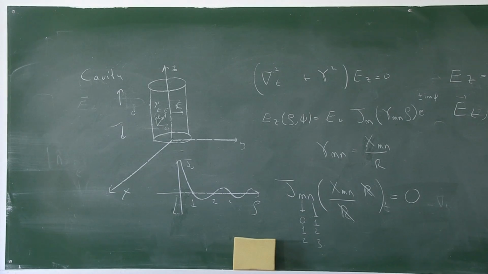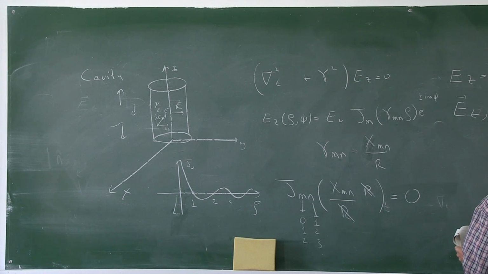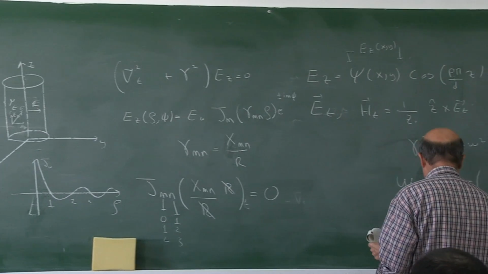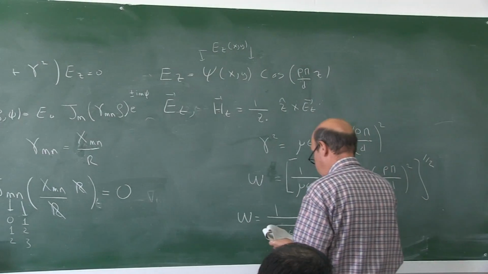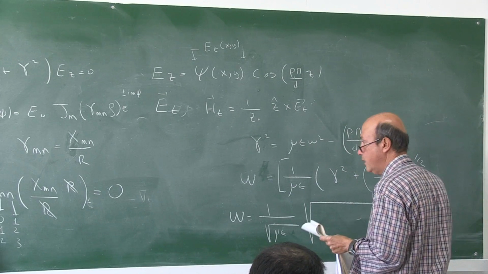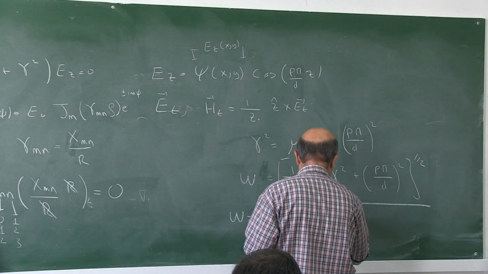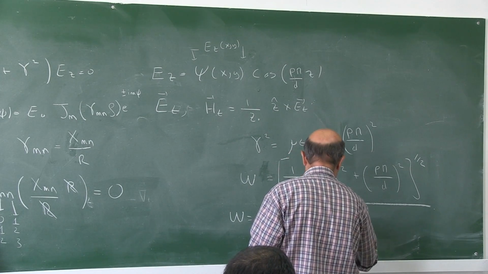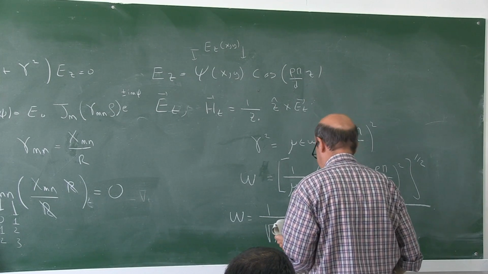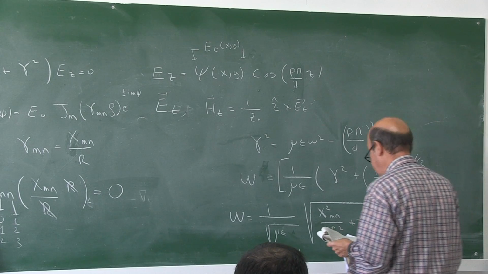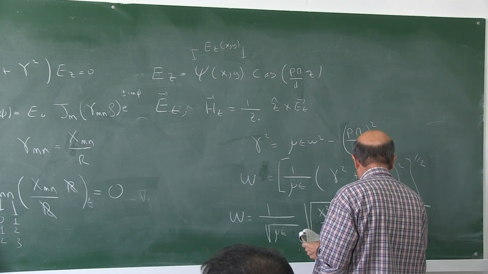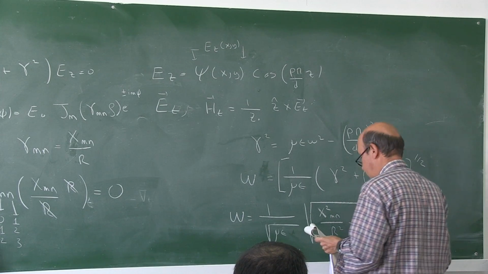Now, generally, the surviving modes could be written as omega equal to the square root of 1 over mu epsilon times, instead of gamma square, I can write x square mn over r square, plus k square, which is discrete, that is pi square p square over d square.